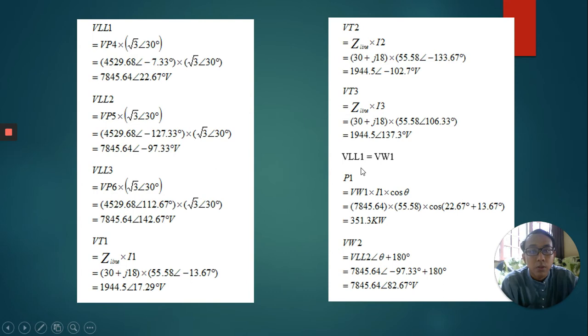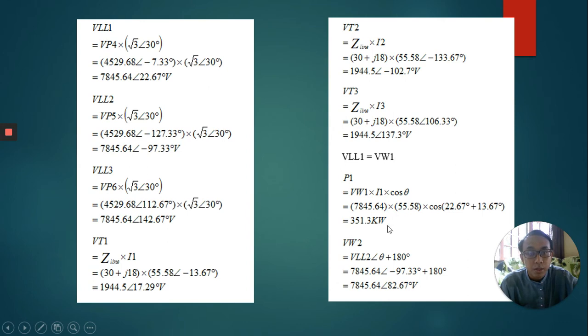We know that V line 1 equals VW1. So VW1 times I1 times cos theta, and we get the first wattmeter.